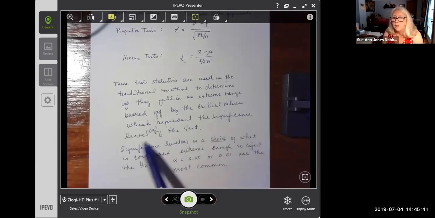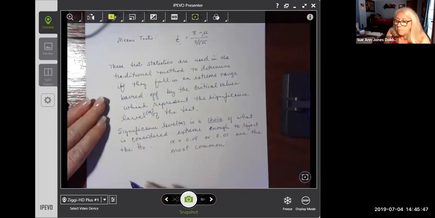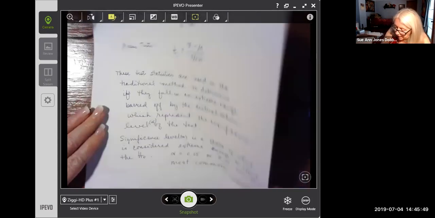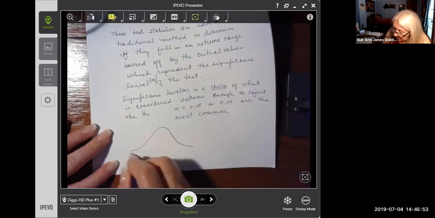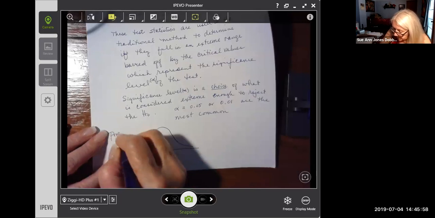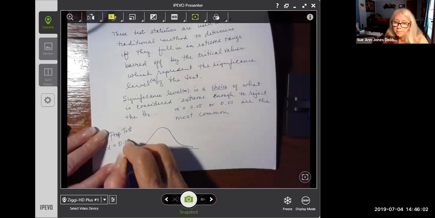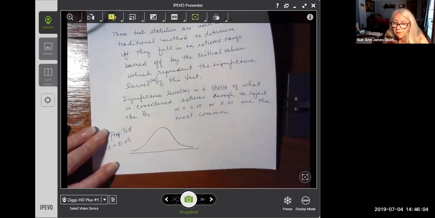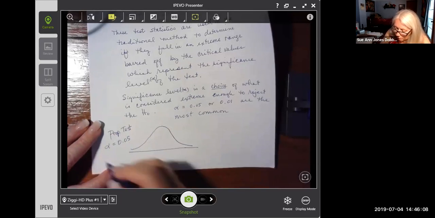Now, I know that's so much hogwash to you right now, but let's say that I was running a proportions test and I had a significance level. Okay, so again, I'm going to be doing a proportions test, and I'm going to choose an alpha level of 0.05. Now, let's further say that it's a right-tailed test.